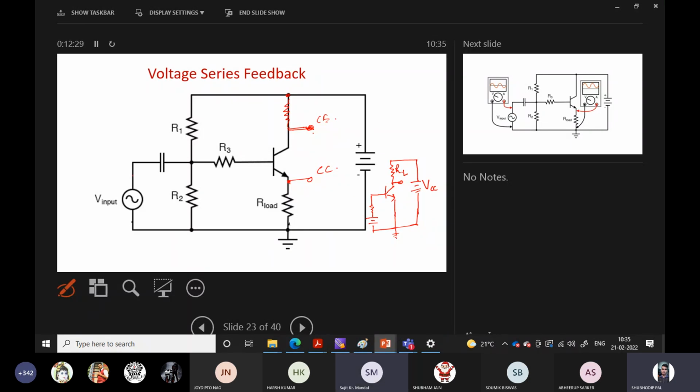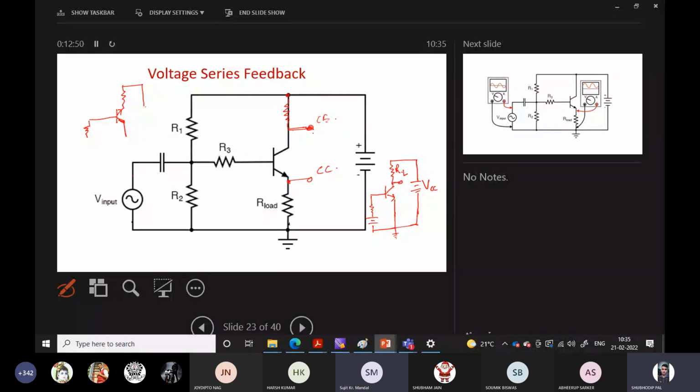Okay. Now in common collector configuration, what is the diagram? If I draw it this way, the diagram should be like this in common collector. It should be grounded. Here the resistor would be connected, here the power supply, right?